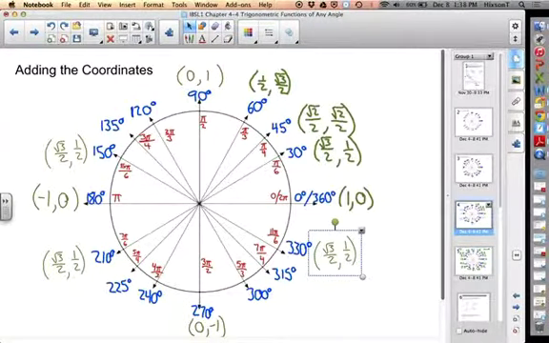Now obviously those are not all the same point, but this is where it's either the same or the opposite. Okay? So think with me.